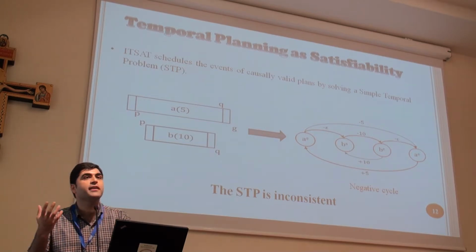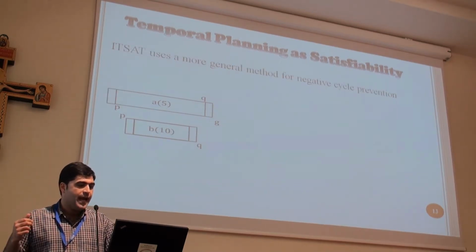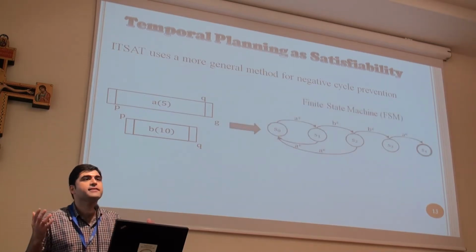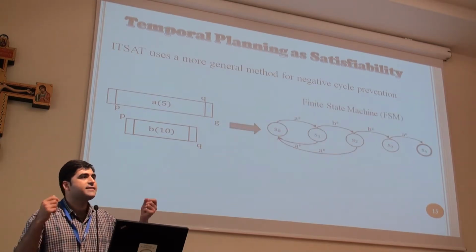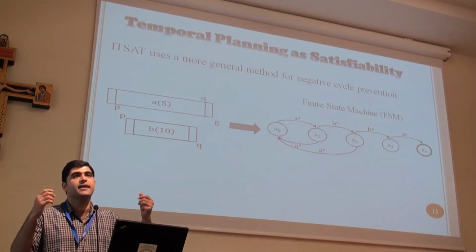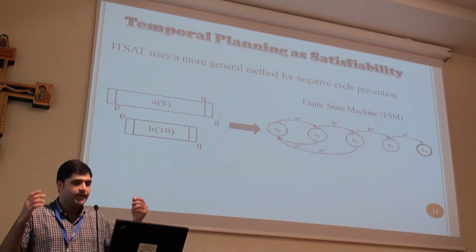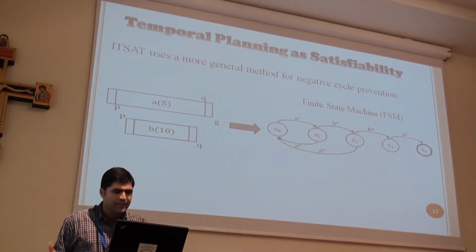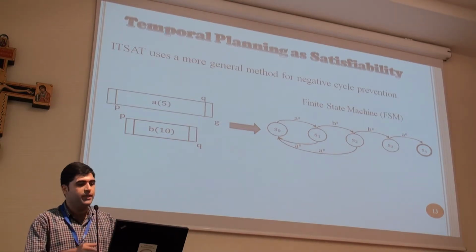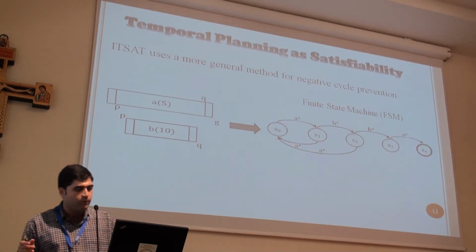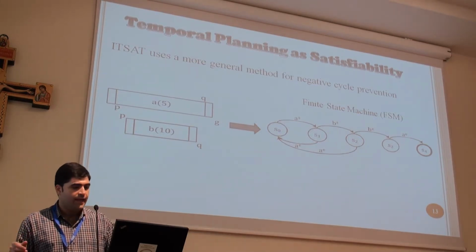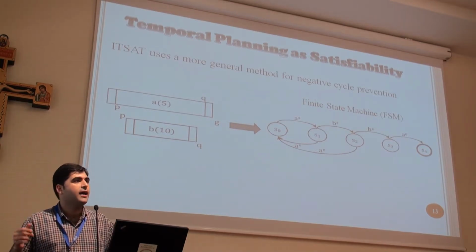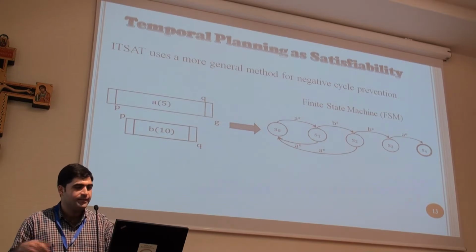So we can find the cause of inconsistency, and the thing we do is that we construct a finite state machine that detects the sequence of objects that has caused this negative cycle. In this example, it is a start of A, then a start of B, then end of B, then end of A. And this sequence, if it happens in the plan, will cause this negative cycle.